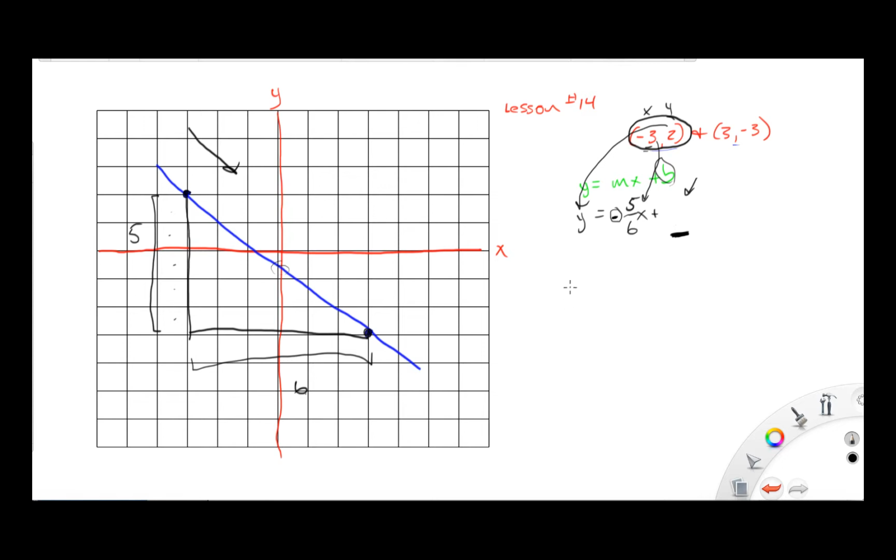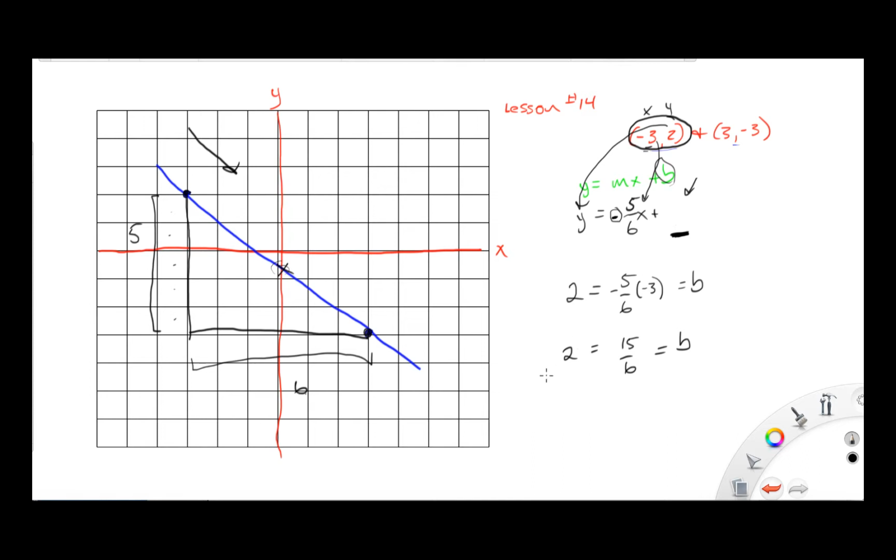So we can say 2 equals -5 over 6 times -3 plus b. In other words, our y-intercept. We're after this point. We want to know what that point equals. Alright, how do we do this? Well, 2 equals, and then -3 times -5 over 6 is 15 over 6, plus b.